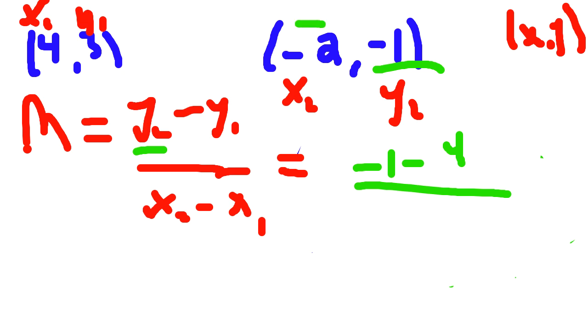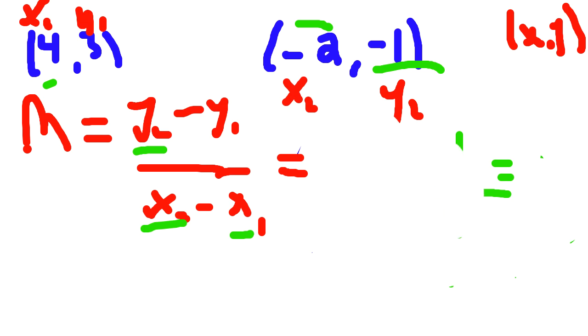So x2, which is -2, I'm going to replace right here, divided by -2 minus x1. x1 is 4, so I'm going to replace 4 right here. Okay, I just realized I messed this all up. I am so sorry.